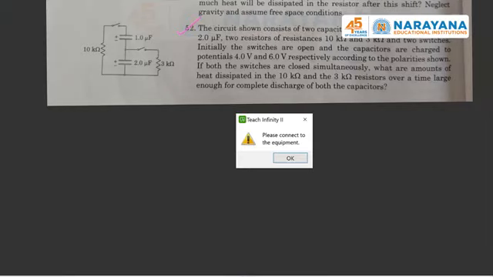Now, in this problem again, he has given two charged capacitors. And there are two resistances of high resistance, different values. The question talks about, what is the problem like?